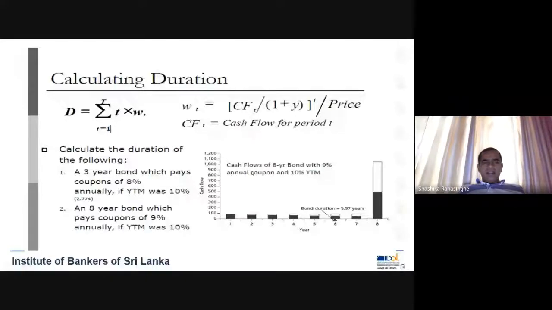Right, so let's try part 2 of that question. An 8-year bond, which pays a coupon of 9% annually, has a yield to maturity of 10%.